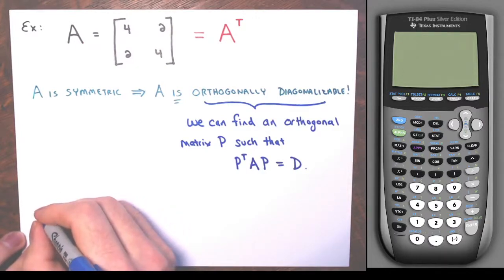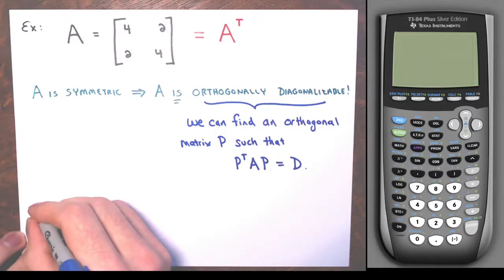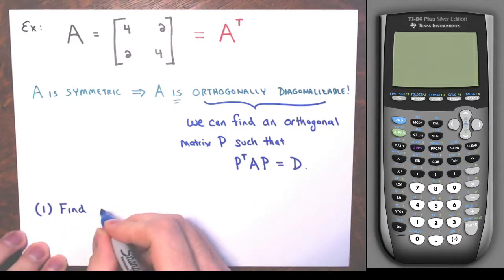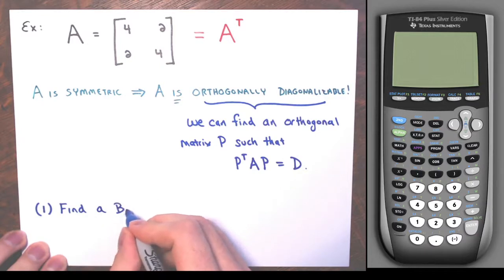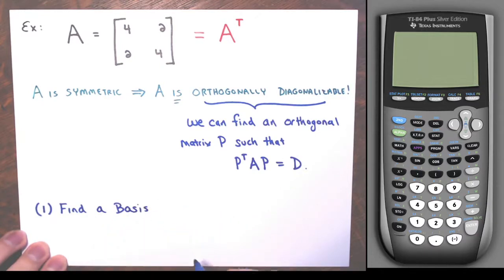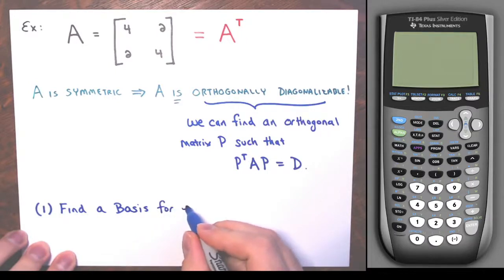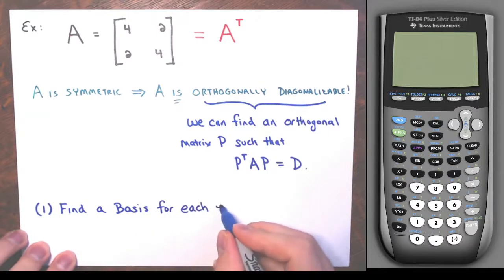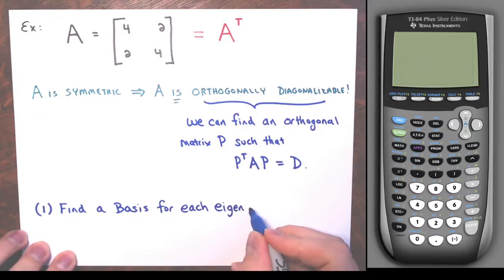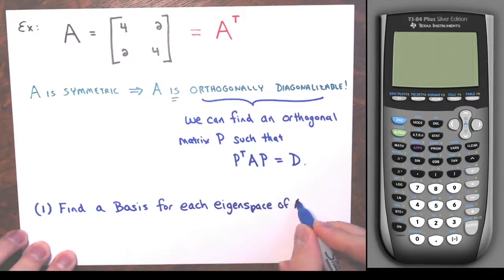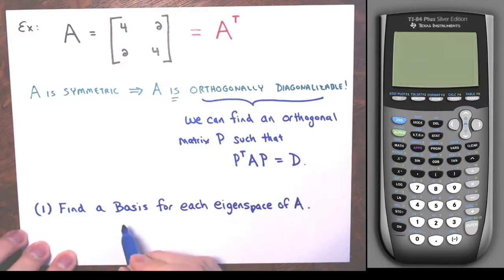Okay, so remember those steps. Step 1: I'm going to find a basis for each eigenspace of A. Again, I said earlier, this entails a lot.